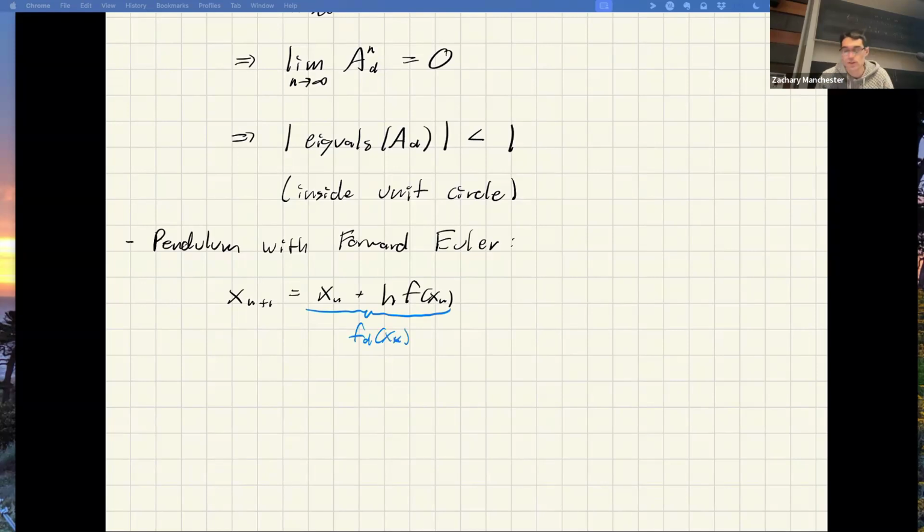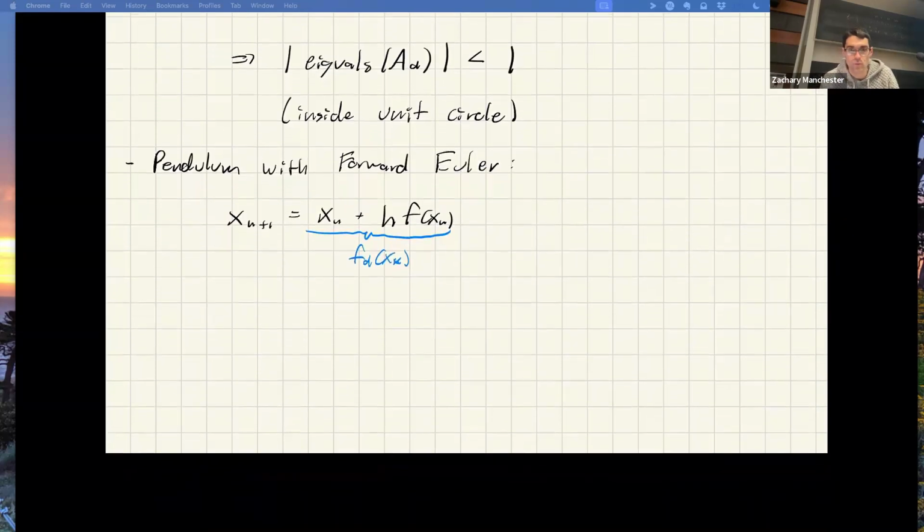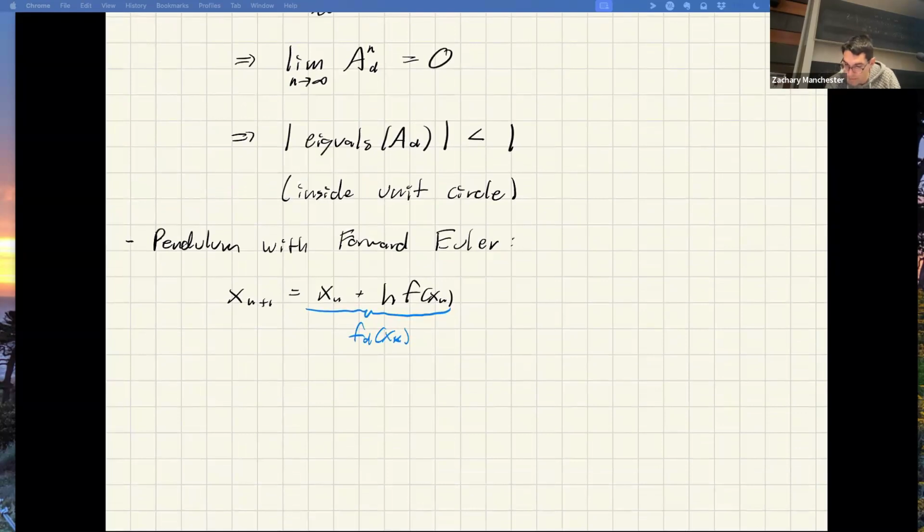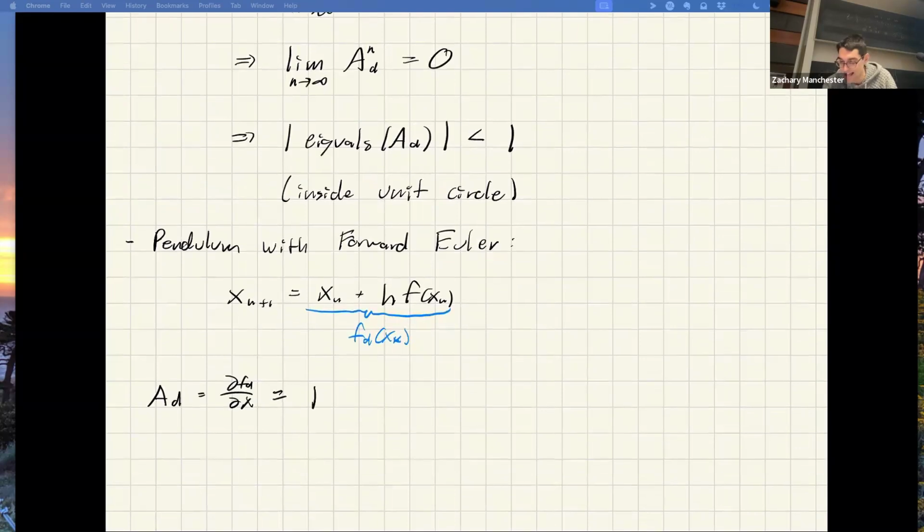Okay, cool. So now I'm going to write down the A sub D thing, which is partial F_D partial x. Looking at the thing above, it's I plus h times A, where A is the continuous time Jacobian, based on what I wrote there. If I plug in the stuff we already derived, it looks like the following, where this is the continuous one that we already derived.